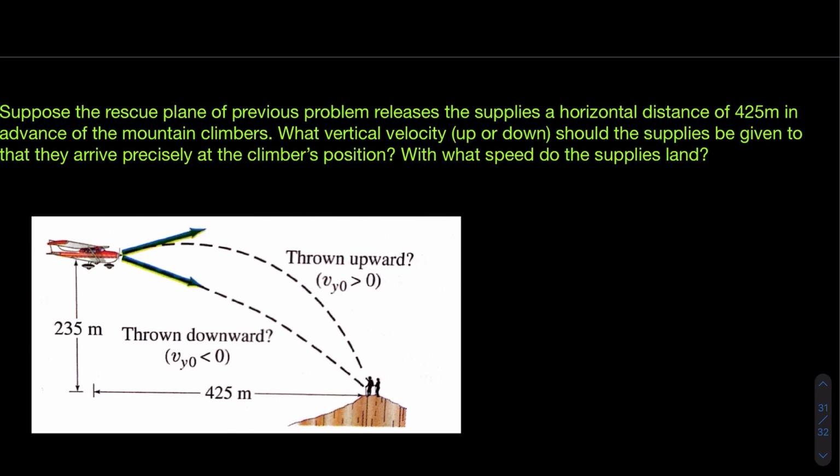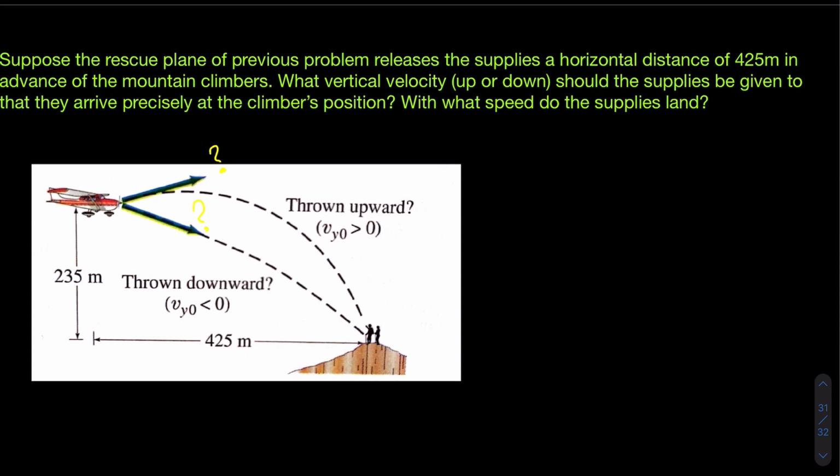What vertical velocity, up or down, should the supplies be given so that they arrive precisely at the climbers' position? So that means we need to give a vertical velocity to the supplies, but upward or downward, and what value?